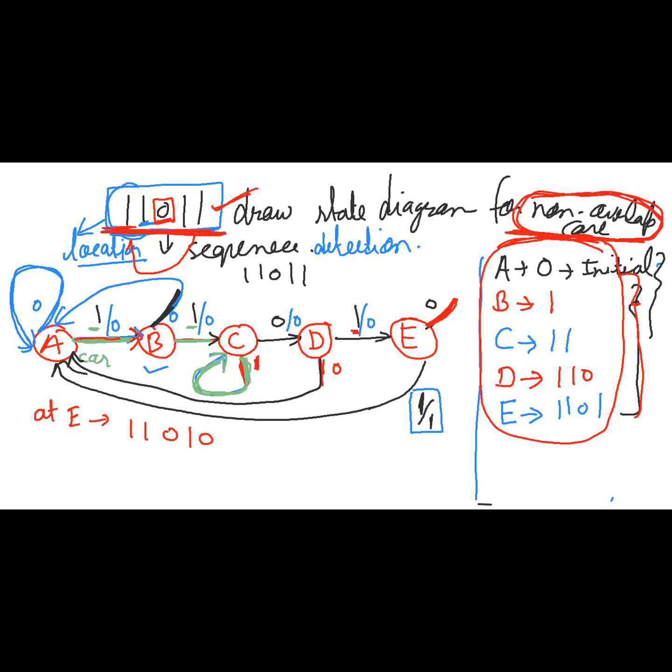You choose this 1, 1, 0, 1, 0. Do you have the complete sequence available here? No. Then this 4, also no. Then this 3, no. Then this 2, no. Then the last, A. So it will go to A. Clear or not? Yes, clear.